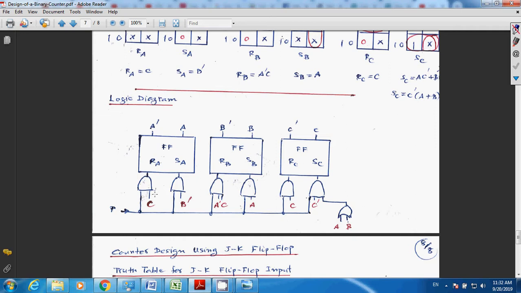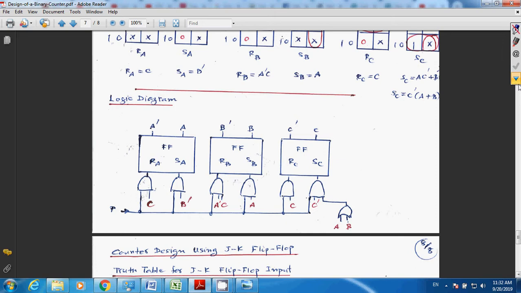You have a 2-input AND gate. One input comes from the pulse or clock, and for RA, you take one input from C. RB, one input from C.